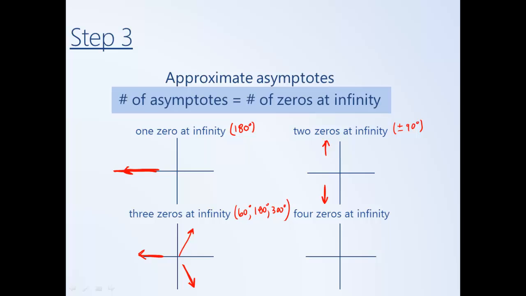When we have 4, then we similarly split up the 360 degree pie into four slices. So each of these, when we had 3, are 120 degrees apart. When we have 4, they're each 90 degrees apart. So we have one at 45, 135, 225, and 315.